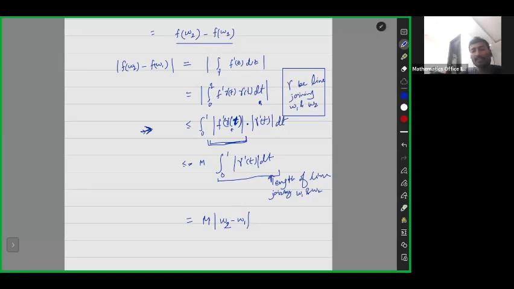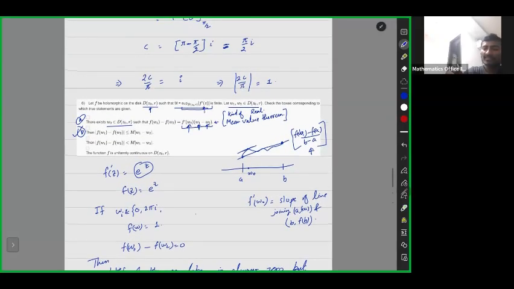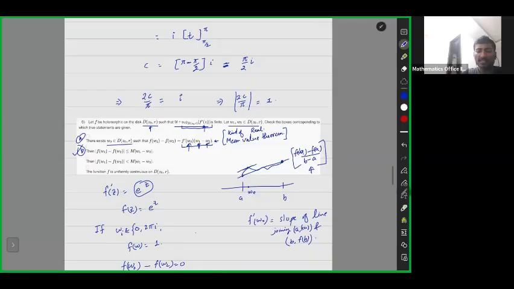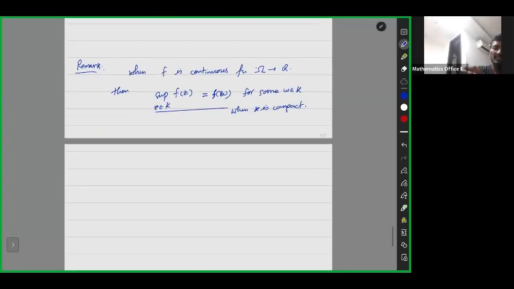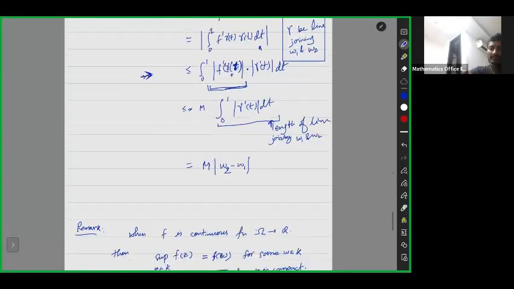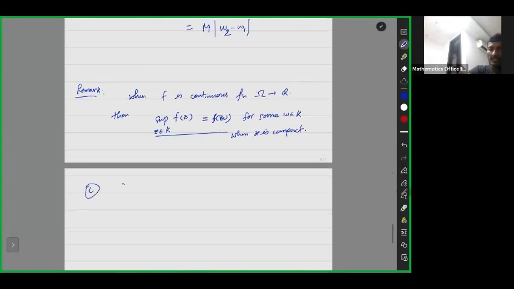For example, when f prime is some constant, it is constant everywhere. So the supremum is the same number, right? The supremum of the same numbers is the same number. For example, I was talking about f prime z equal to some constant, 1 let's say, for example f z equal to z. That will give us a counterexample. Let me write it. This is about part C. When f prime z is a constant, let's say equal to 1, then M is equal to 1.